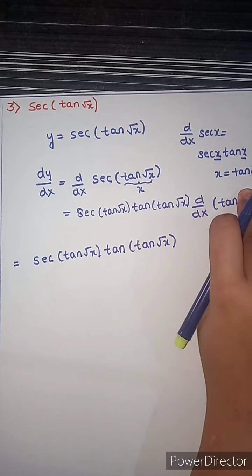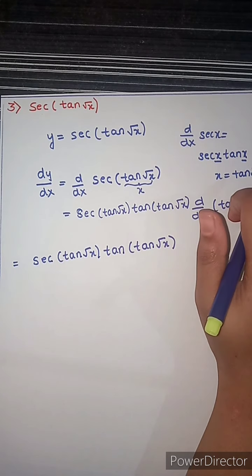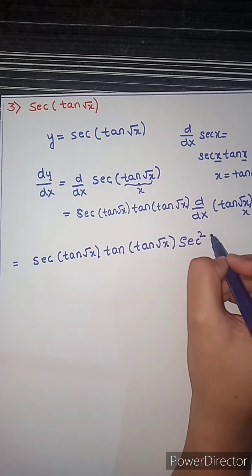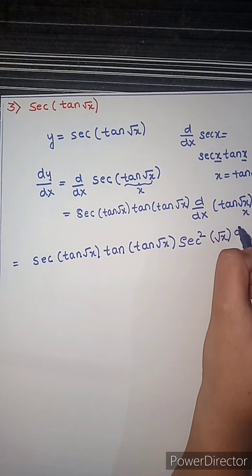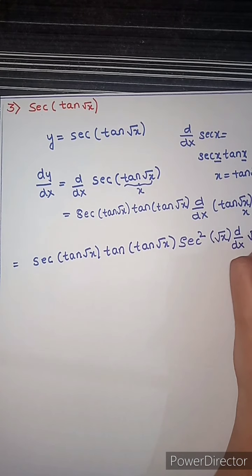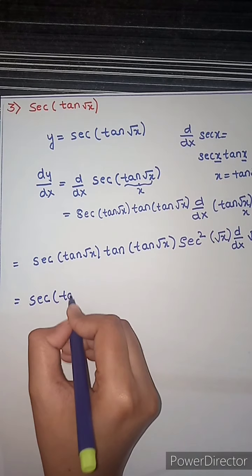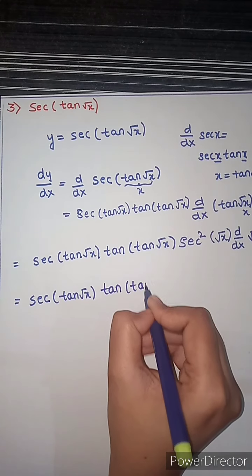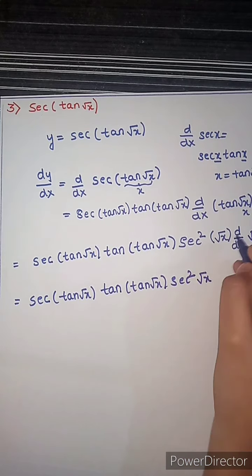Now forget this x, think this as x. Differentiation of tan x is secant square x. In the place of x we have root x. Now differentiate this angle, right? That is root x. Next step, write as it is, secant of tan root x, tan of tan root x, secant square root x.